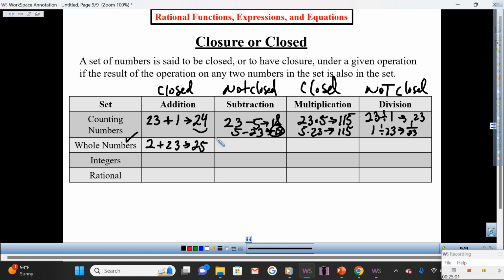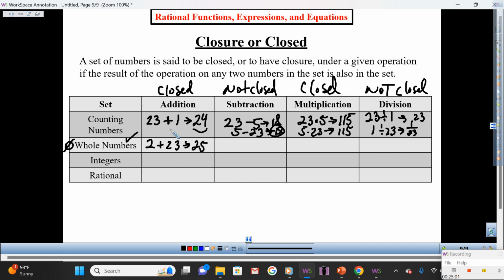Martin, what are whole numbers? He said all the counting numbers, but including now 0. So 0, 1, 2, 3, 4, and all those numbers.